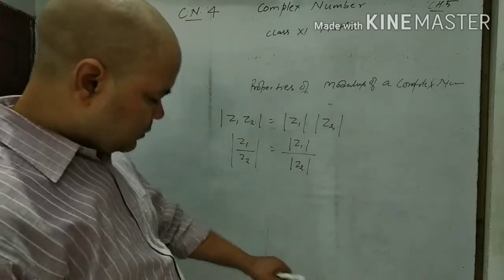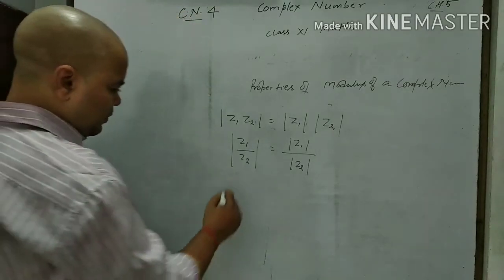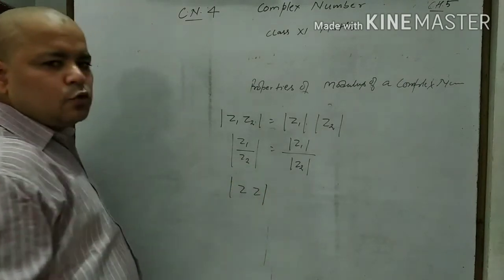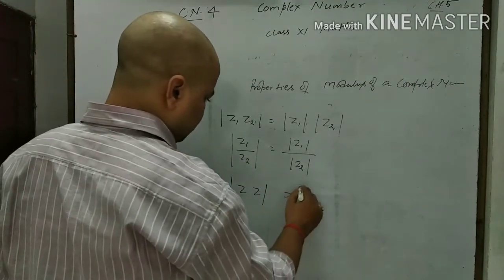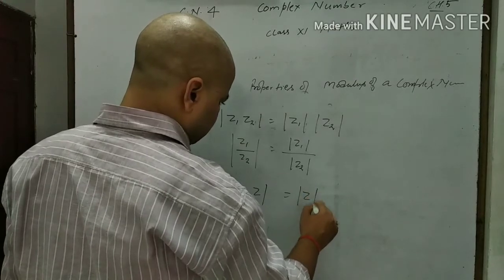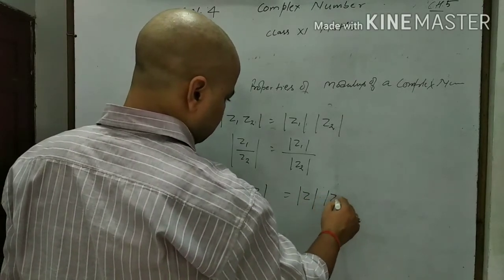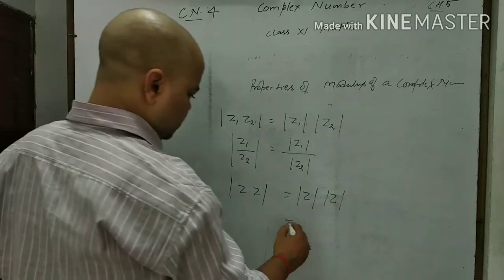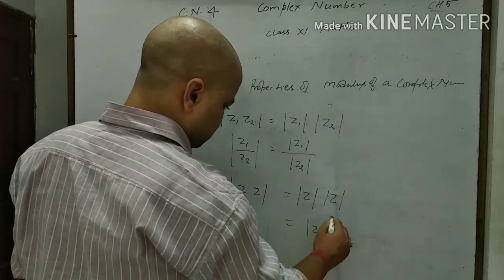Now if we have z into z, two complex numbers the same, then it will be modulus z into modulus z. This can be written this way: it will be modulus z whole square.